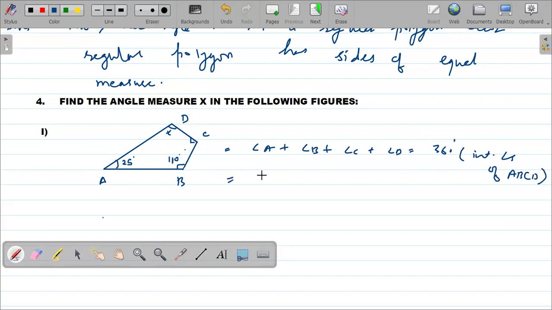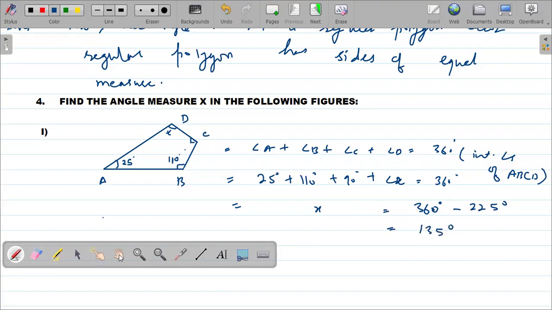So 25 degrees plus 110 degrees plus 90 degrees plus angle D, or x, is 360 degrees. So x will be 360 degrees minus 225 degrees, that is 135 degrees.